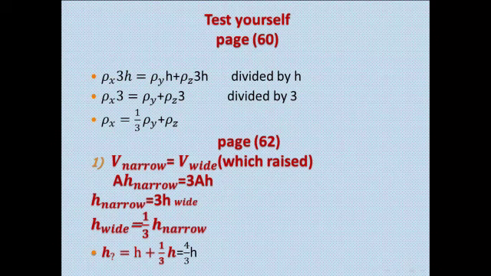Why 3H? Because the surface areas are written above: 3A and A. So V narrow equals V wide, and A cancels with A. H narrow equals 3H wide. H wide equals 1 over 3 of narrow. He wants all the height, meaning he wants to calculate H plus a third H. So all of it, H plus a third H, will be 4 over 3 H. Do you understand?